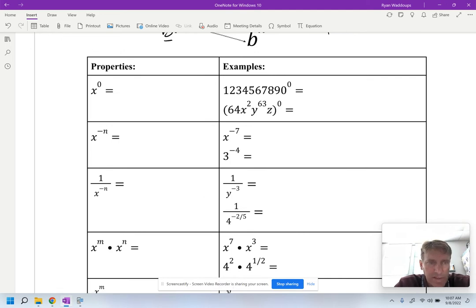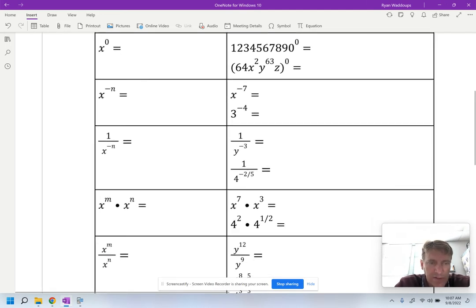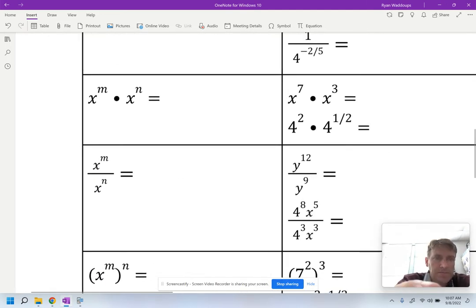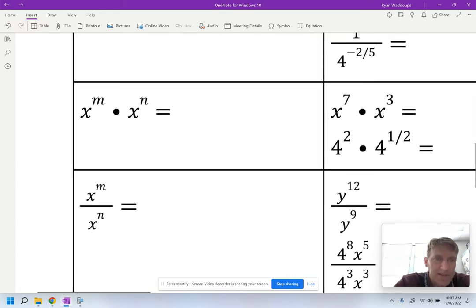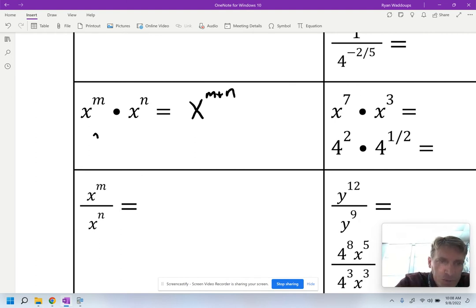I'm going to skip around a little bit on these properties. Take x to the m times x to the n. When we multiply like bases, we add the exponents, so that's equal to x to the m plus n. Here's an example.